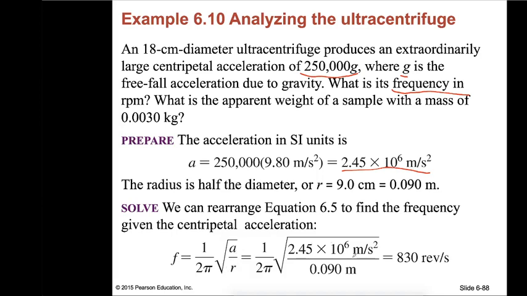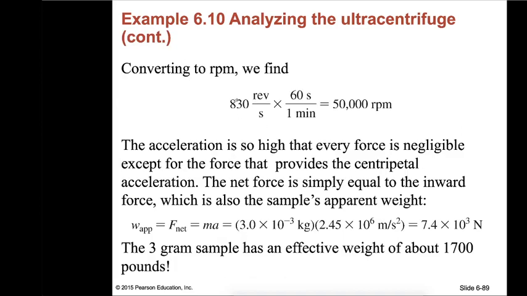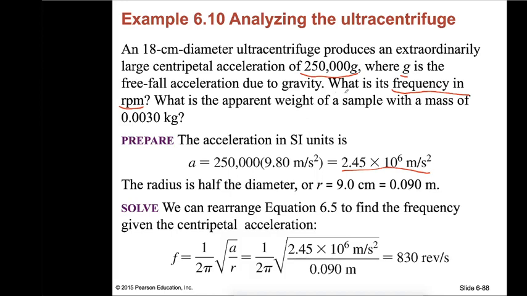If you take all the numbers in, you will get the answer: it's 830 revolutions per second. However, we're asked for revolutions per minute. So let's convert from revolutions per second to minutes. 1 minute equals 60 seconds, so you have 50,000 revolutions per minute. That's a very fast rotation.